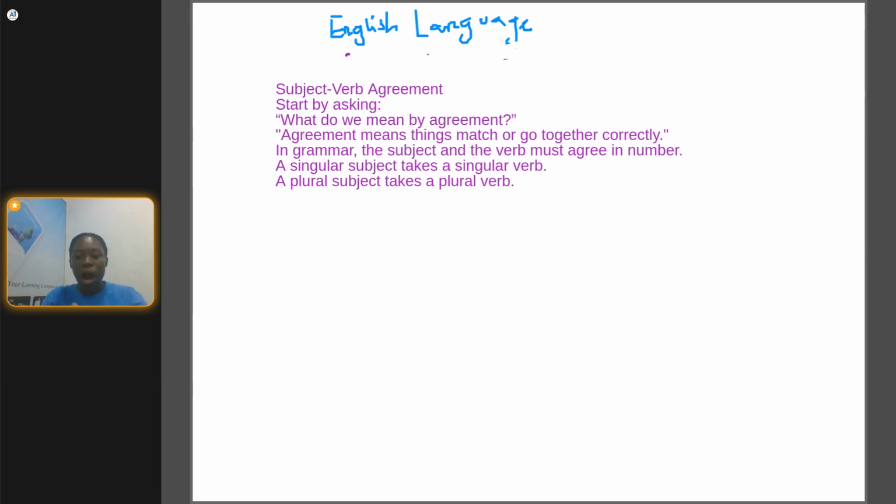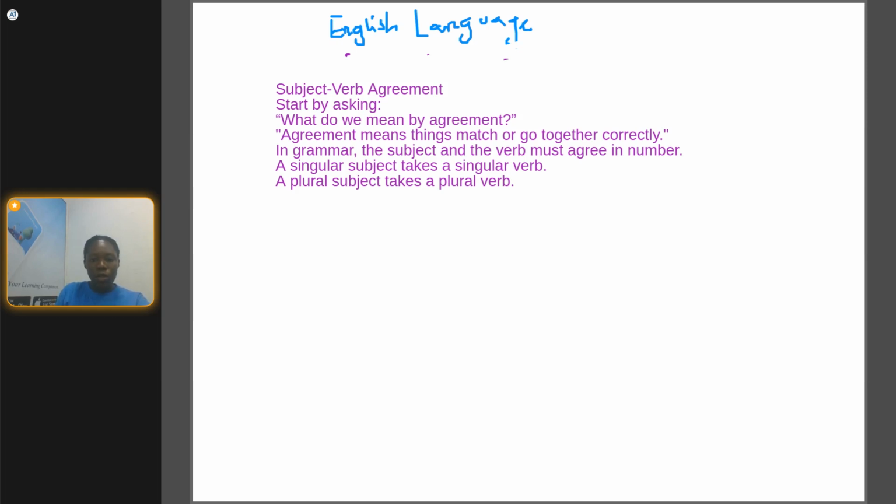That's what it means to agree. A singular subject cannot go with a plural verb, and a plural subject cannot go with a singular verb. They have to agree.